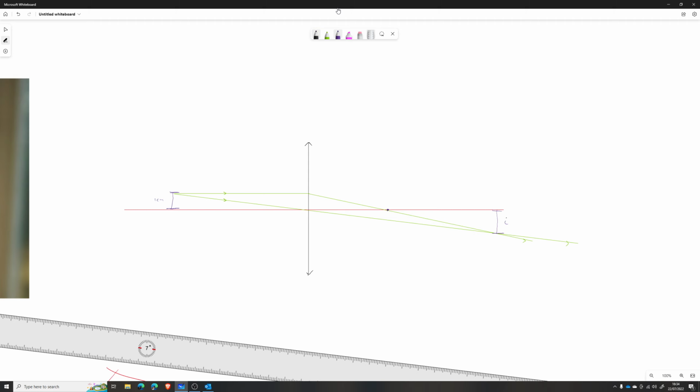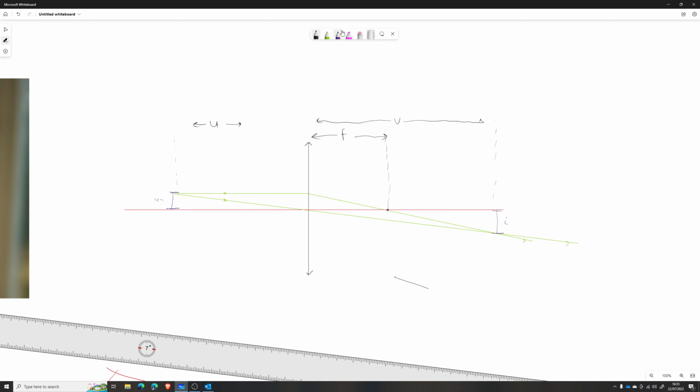Okay, so as a reminder then, this distance, that's u, will be a negative number. v is from the lens to the image plane. f is from the lens to the focal point.